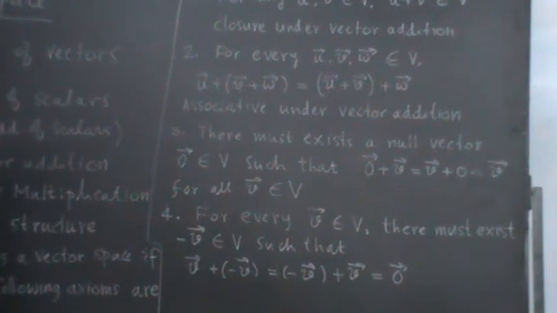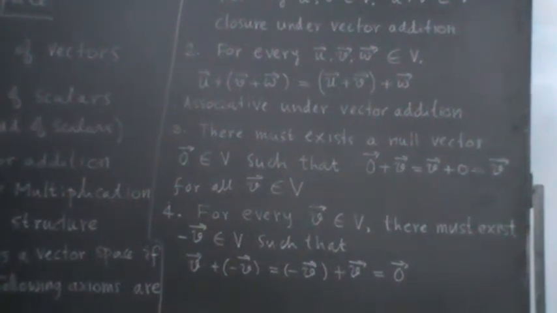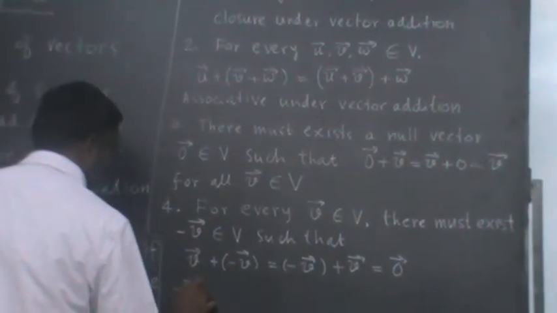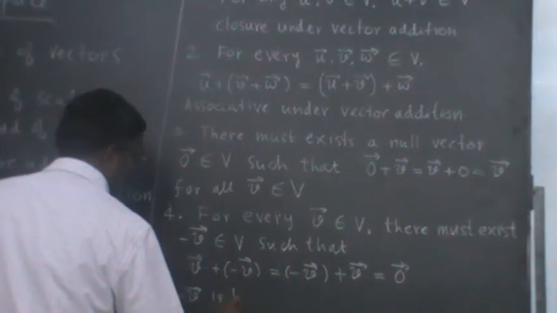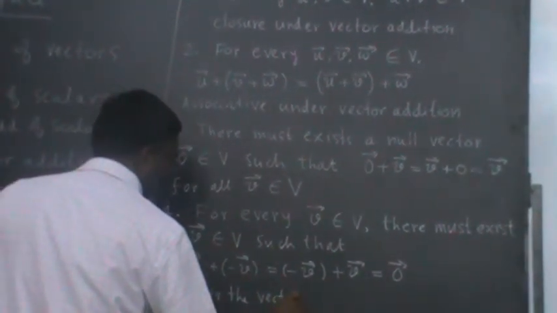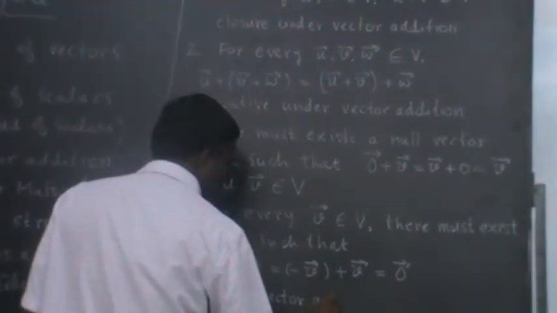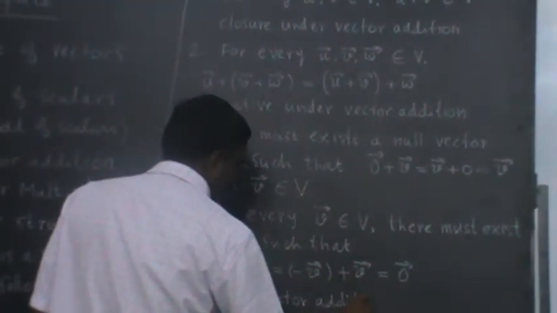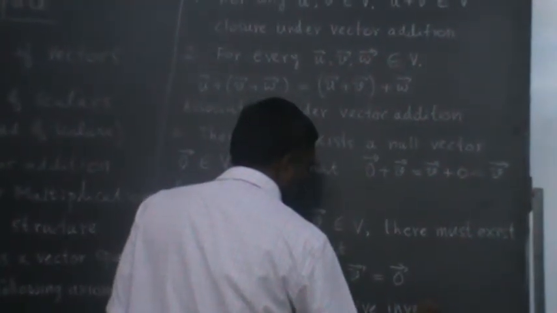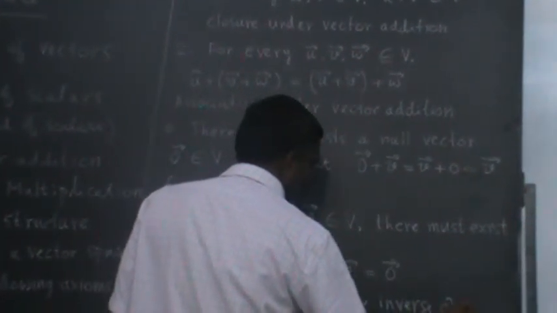This is called existence of additive inverse. So minus v is the vector additive inverse of v.